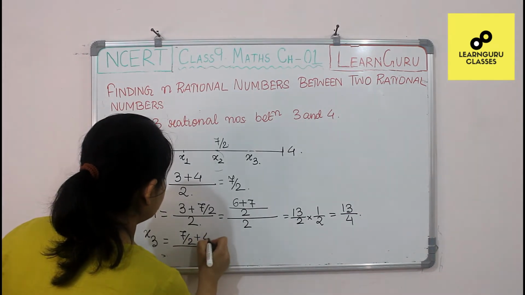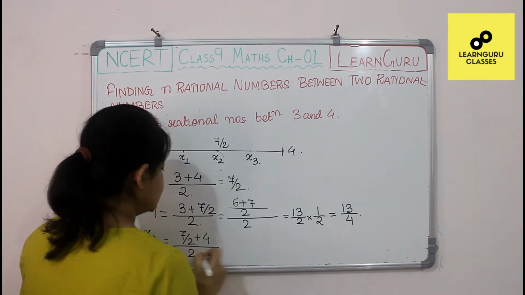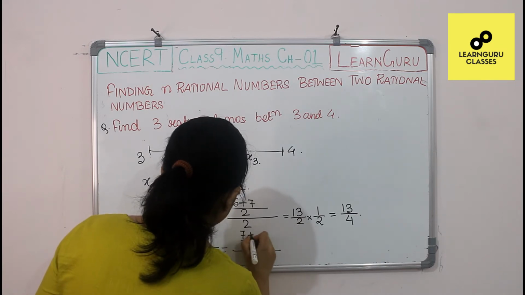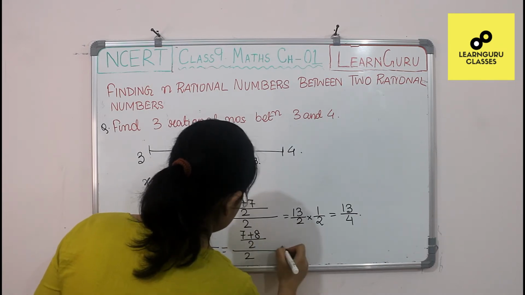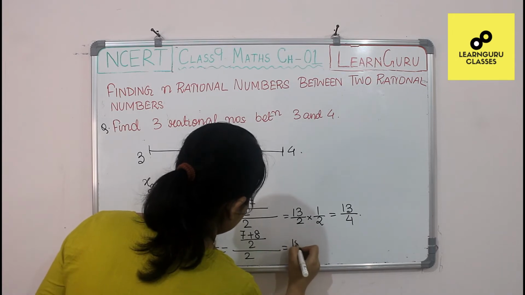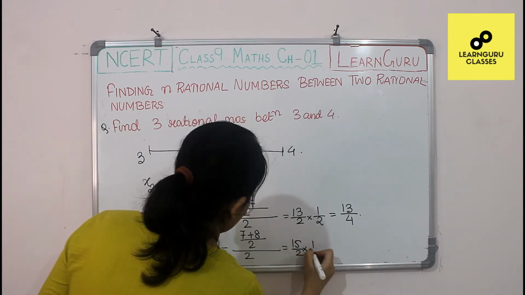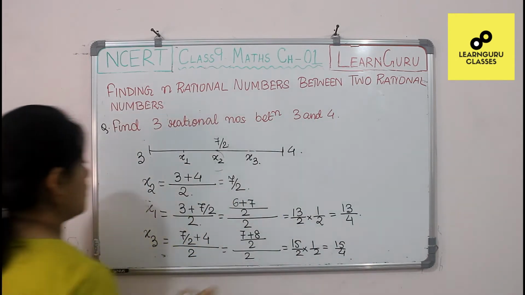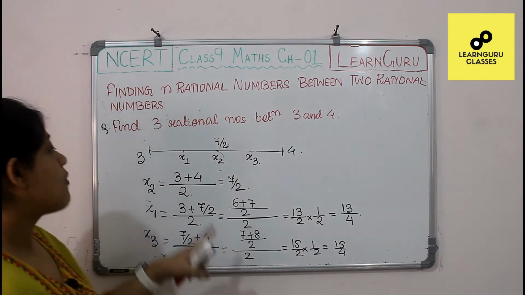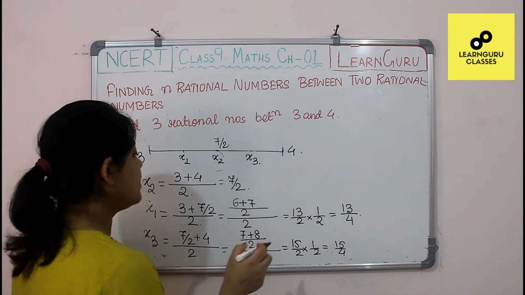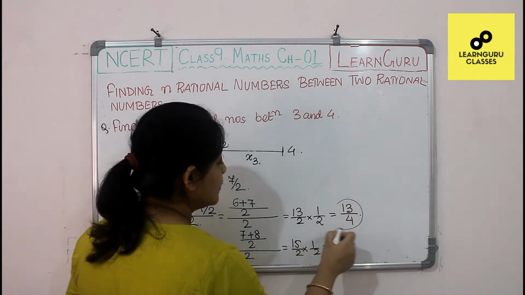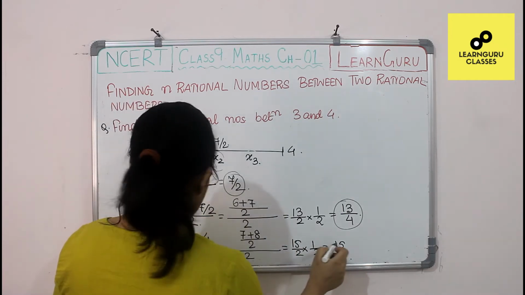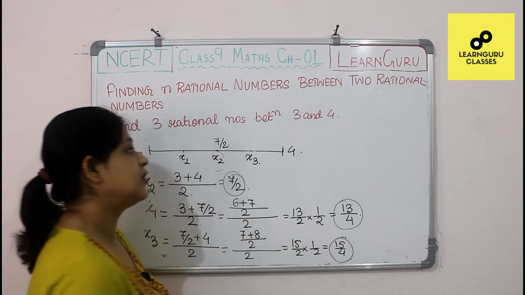So 7 by 2 plus 4, divided by 2. Here LCM is 2. 7 plus 8 by 2, that is 15 by 2 into 1 by 2. So 15 by 4. So what are the values that you are getting? x1 you are getting as 13 by 4, x2 as 7 by 2, and x3 as 15 by 4.